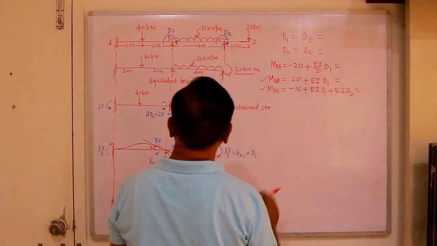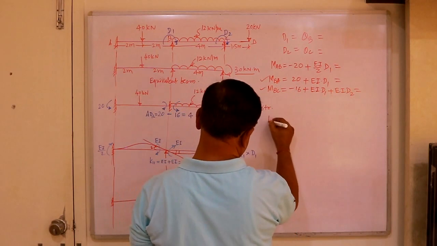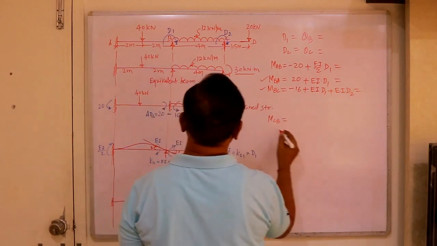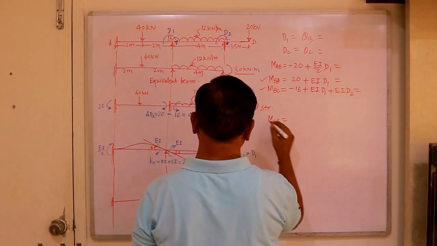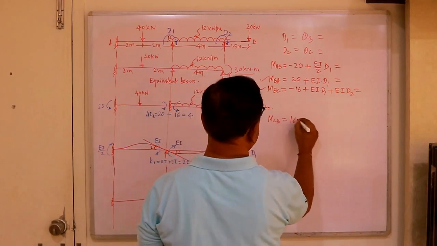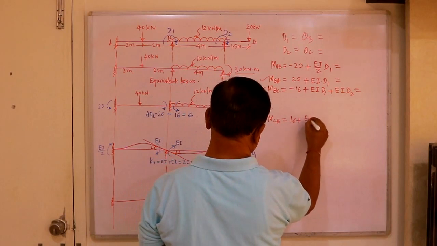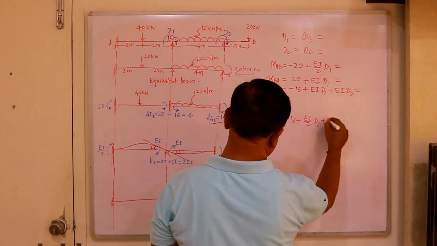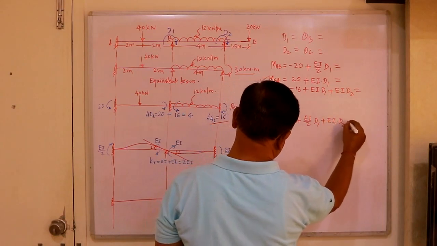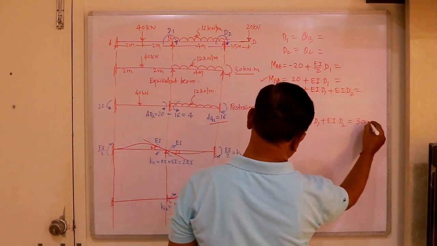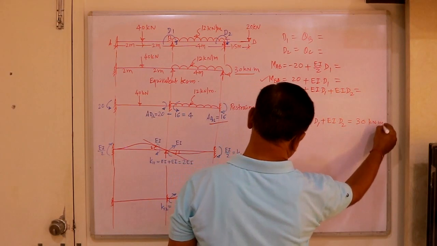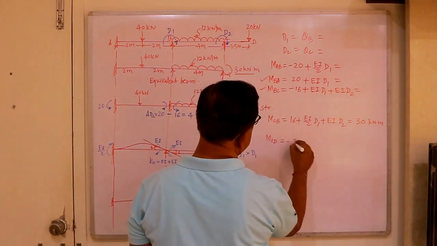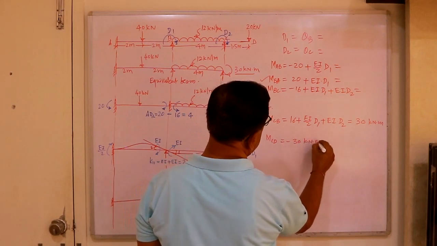Even if you want to find out MCB, MCB must be equal to this, 60 plus EI by 2 D1 plus EI D2, and you must get this as 30 kilonewton meter. Remember, because your MCD is minus 30 kilonewton meter.